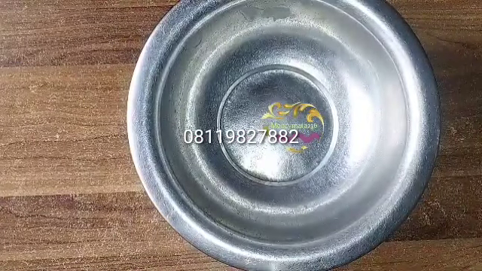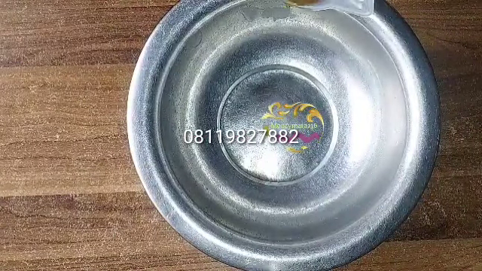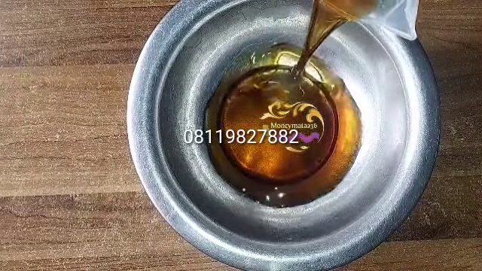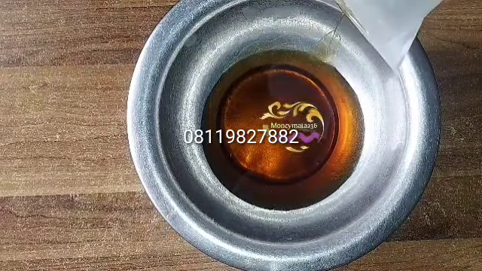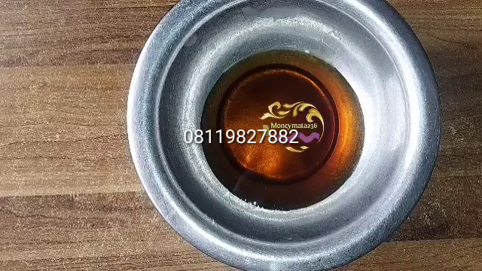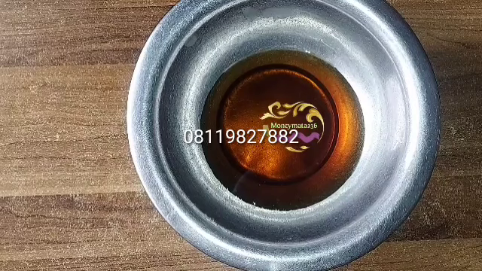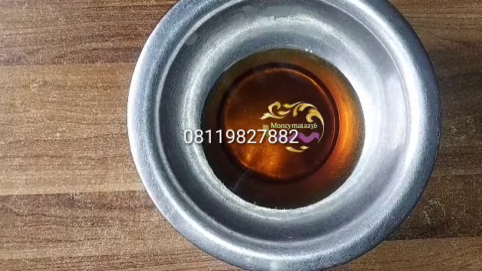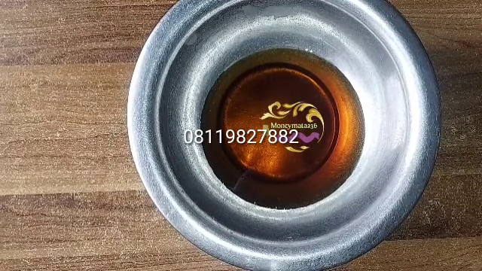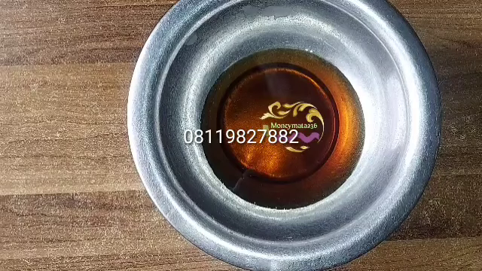So what do I do now? I pour my oil here. Please always make sure your oil is warm to avoid early thick trace. I'll be using titanium oxide.